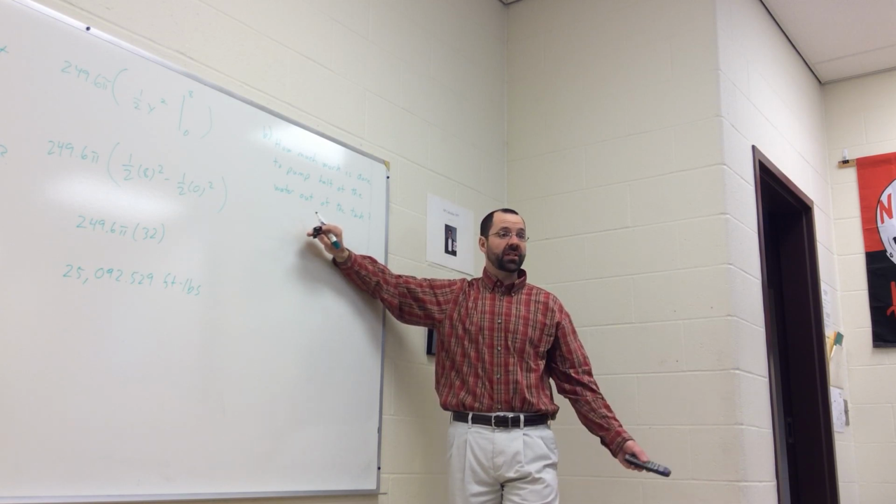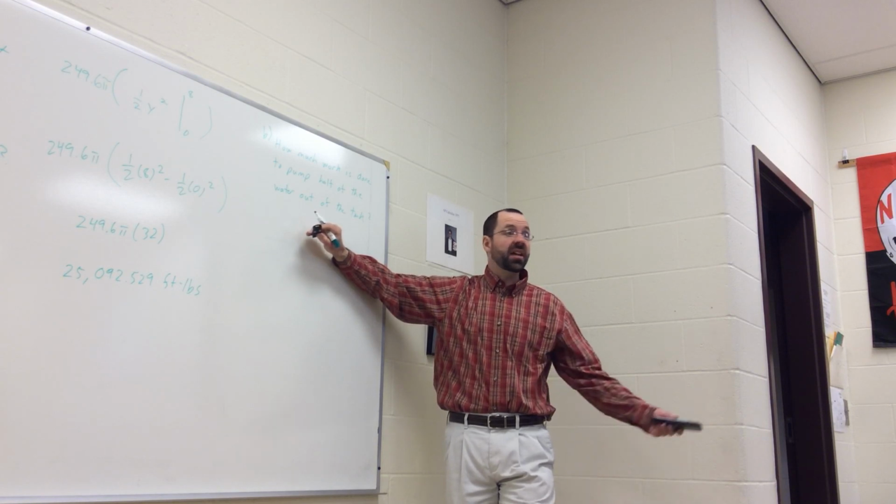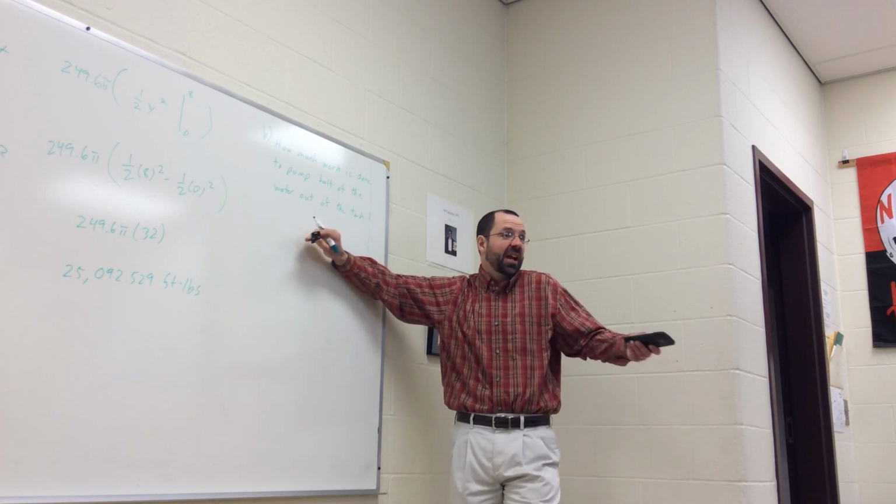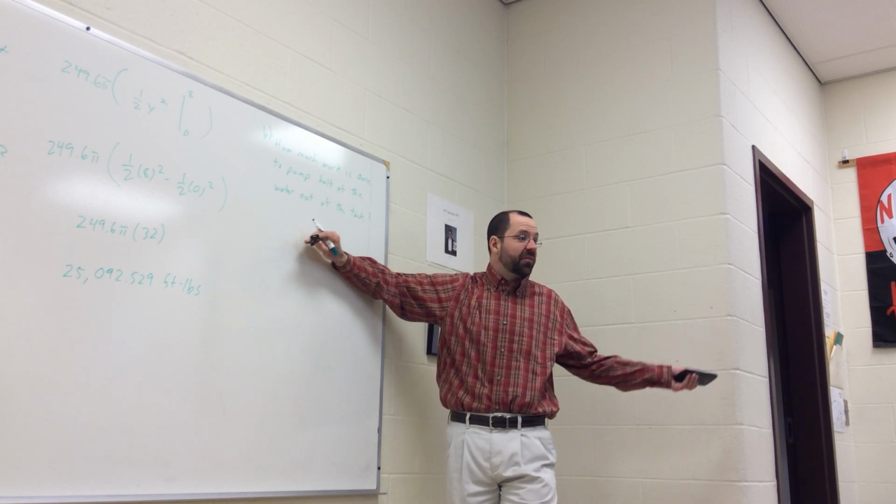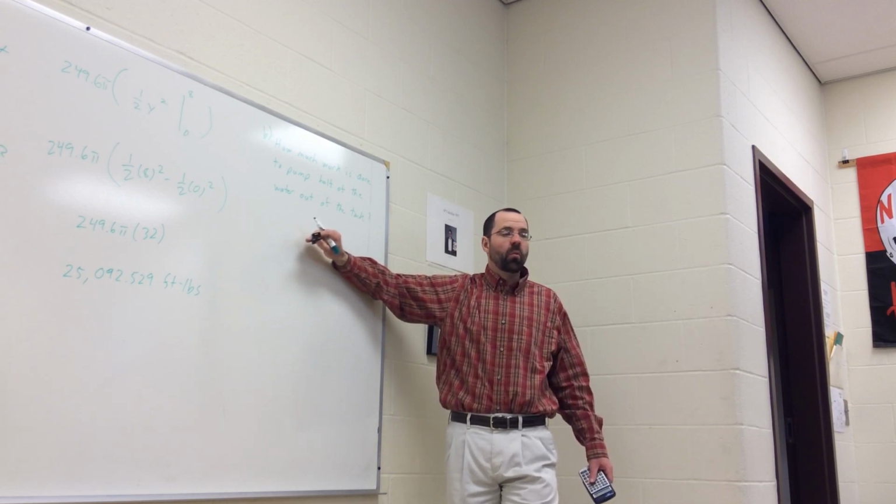And the knee-jerk answer here is it's going to take half as much work, right? If you're pumping half as much water, it should be half as much work. Why is that not correct?